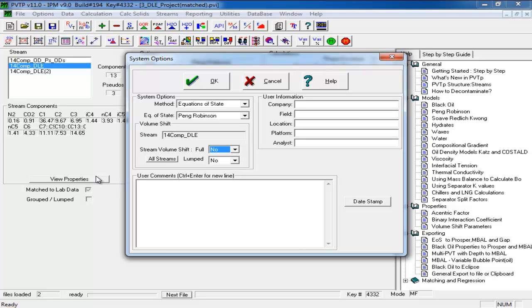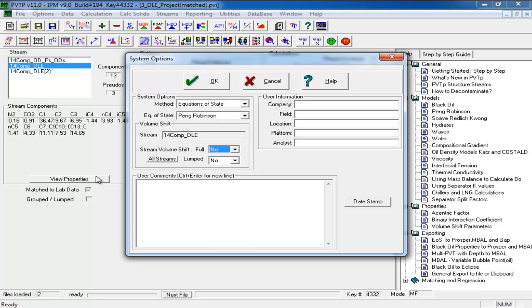So before you do tuning or anything, you will have to use volume shift. That means if we do not use the volume shift, it will calculate the matching with the volume of the equation of state, which is wrong.